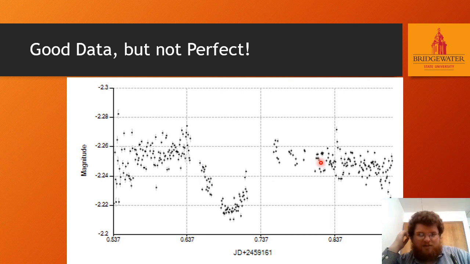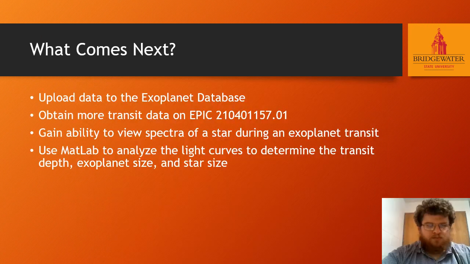However, that is not something we planned on doing this semester, so this is fine the way it is for that aspect of things, but obviously we do want to get another transit of this exoplanet.